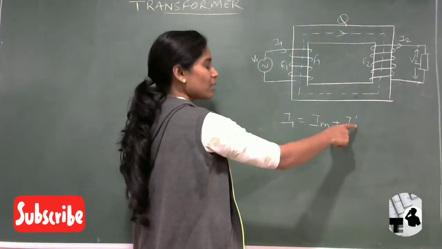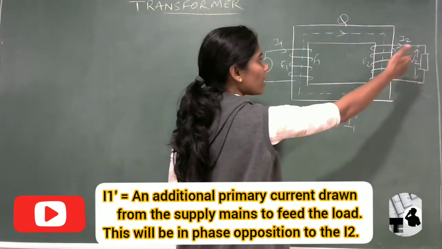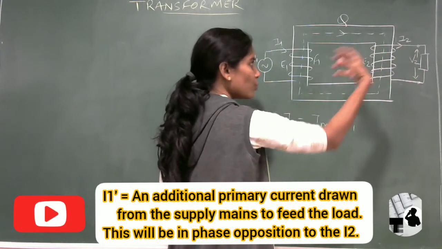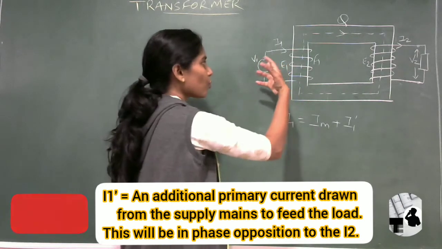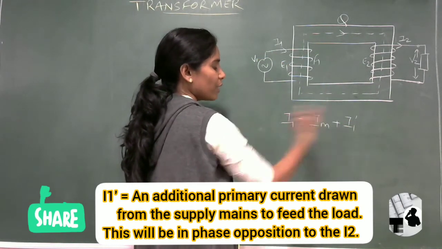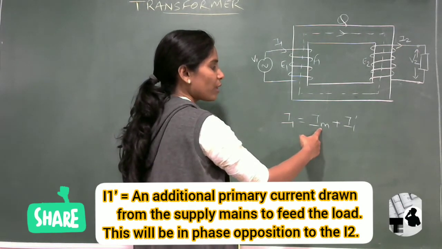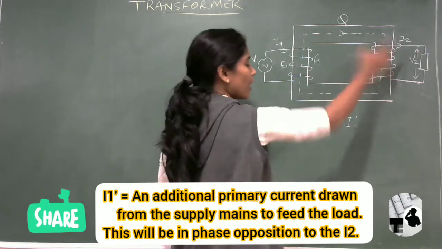I1 dash is the extra current we draw due to I2. Due to the I2 flow, we draw some extra current from the input side. So some part is utilized for the magnetizing effect, and some part is going to feed I2.